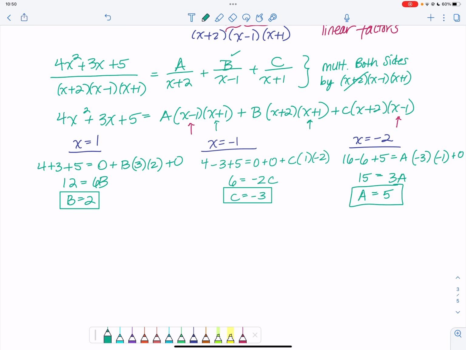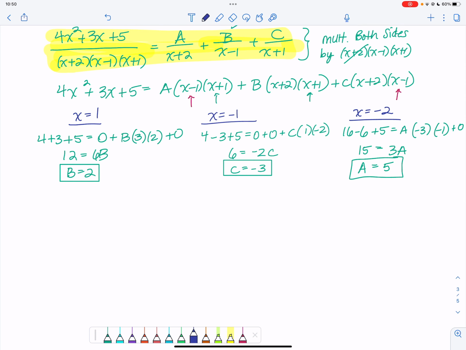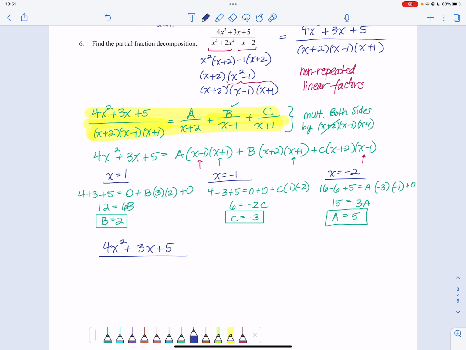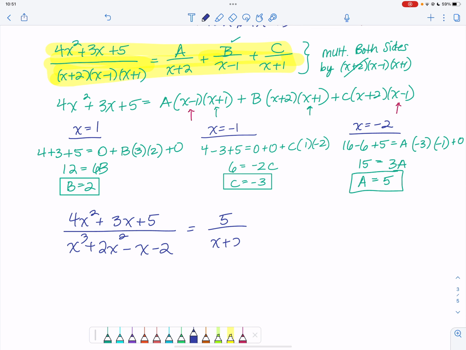Okay, so now what will we say? Remember, this is where we started, but we just solved for a, b, and c. So now we can say that 4x squared plus 3x plus 5 divided by, and we could go ahead and use the original if we wanted, x cubed plus 2x squared minus x minus 2 is equal to, and here is our a over x plus 2, so that would be 5 over x plus 2.